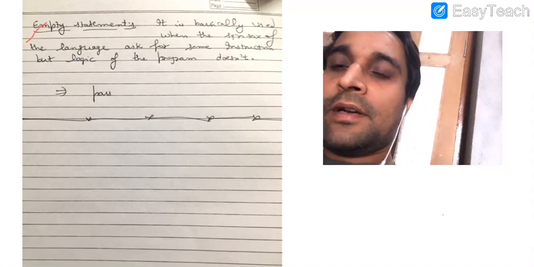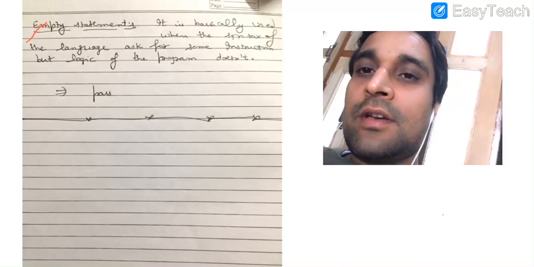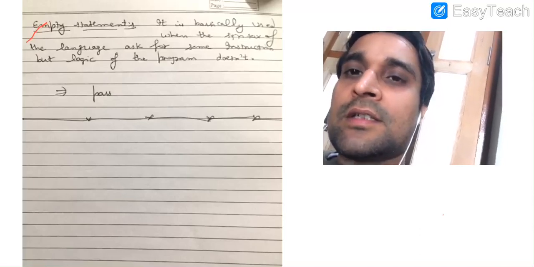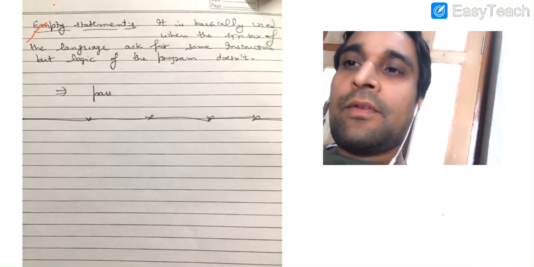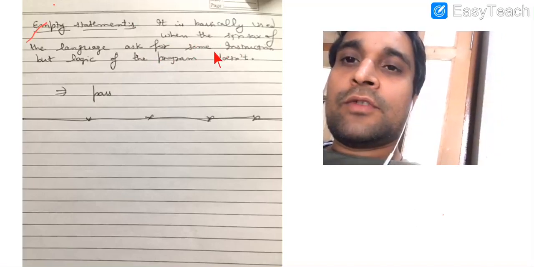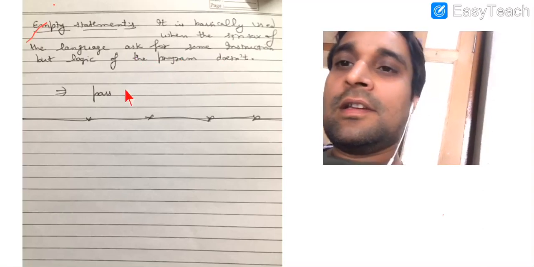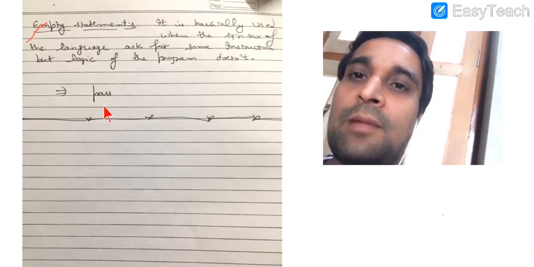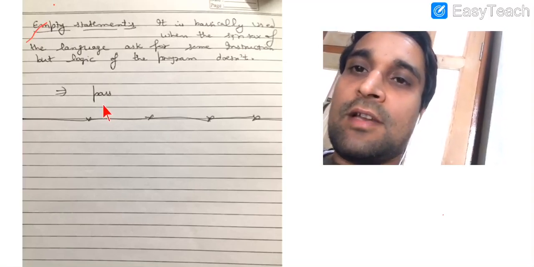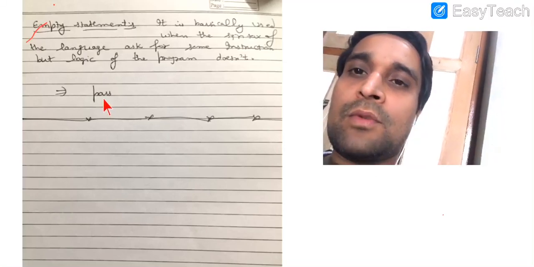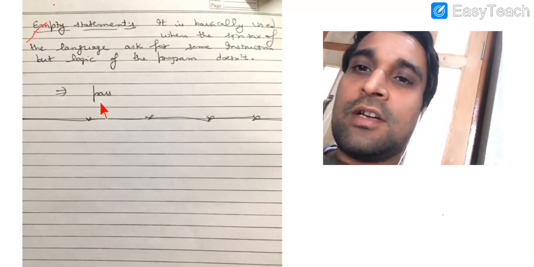Next is the empty statement. An empty statement, as the name suggests, is a statement which doesn't perform a specific task. It is basically used when the language syntax says that some instruction is needed, but the logic of your program says no instruction is needed.